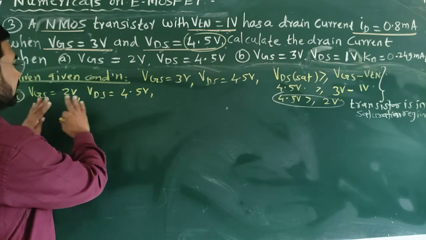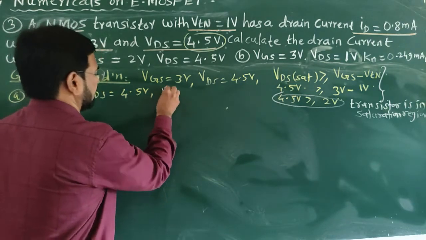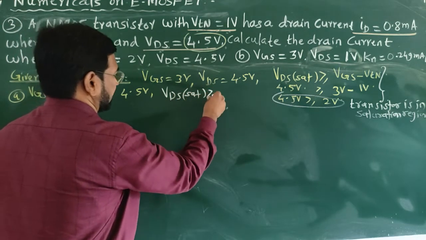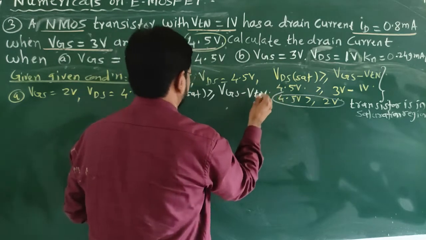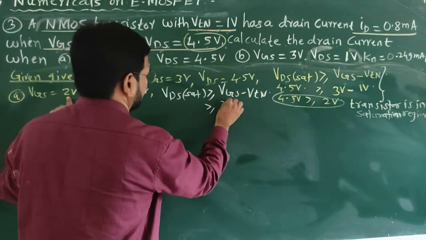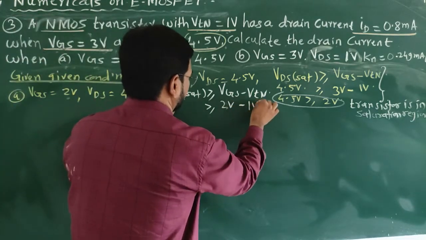Now, what will be the working region of transistor? We have to check by using this relation: VDS sat should be greater than VGS minus VTN. So, VGS is 2 volt here and VTN is constant for the given NMOS.